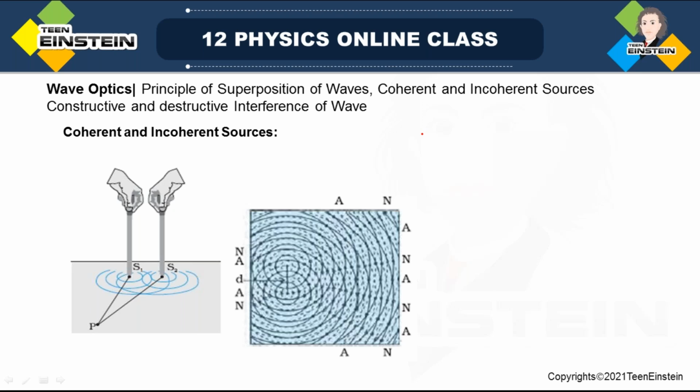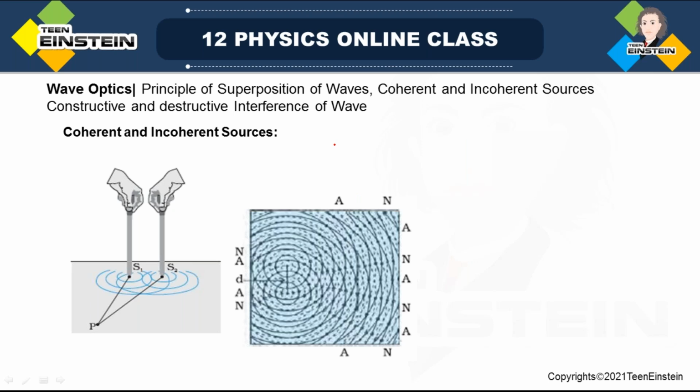But it has to be a periodic wave at least, for better calculation. So two sources of waves which continuously emit waves of same frequency or same wavelength with a zero or constant phase difference between them are called coherent sources.